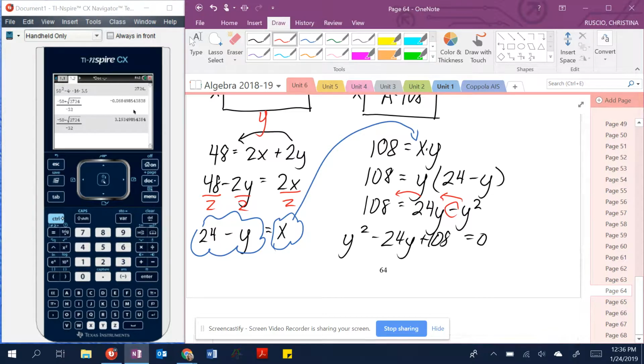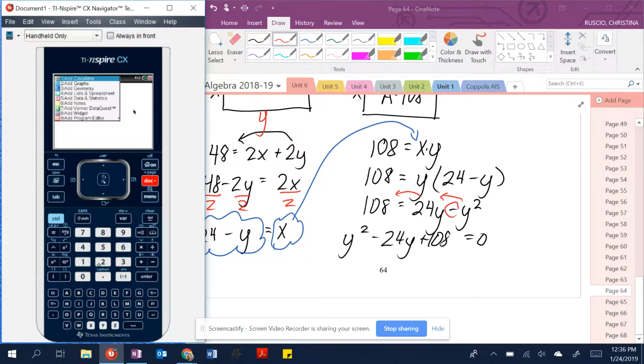Let's see if this little guy factors, or big guy, because those numbers are kind of crazy. So x squared minus 24x plus 108. And I think it does give me nice integer factors. There's one of them over there, so I kind of like it. That's 1, 2, 3, 4, 5, 6. All right, let's find out what the other one is.